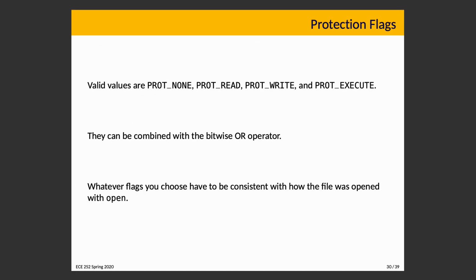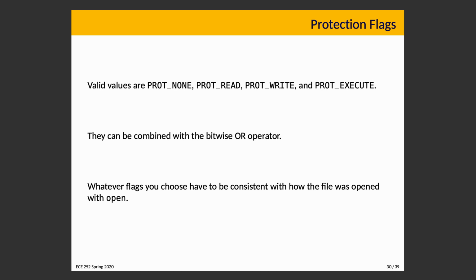So the protection flags could be the following things. They could be none, read, write, or execute, and they can be combined with a bitwise or operator. That is required to be consistent with how you chose to open the file using the open system call. So if you said, I want to open the file read only, you can't then set the protection flags to allow both reading and writing, because that's inconsistent with what you did with open.